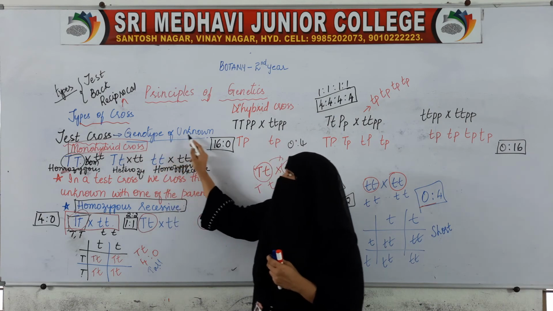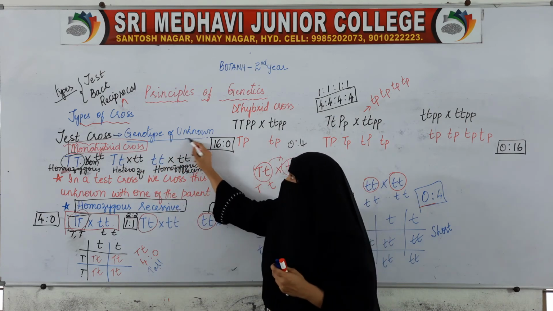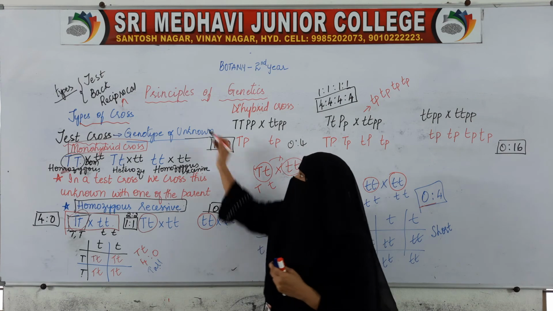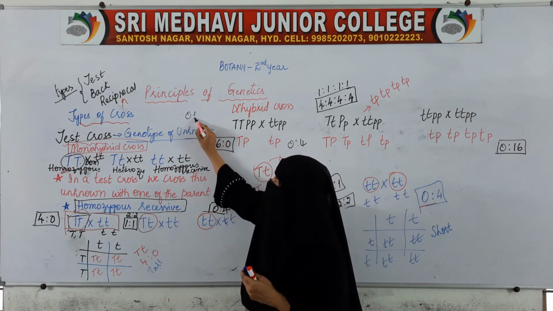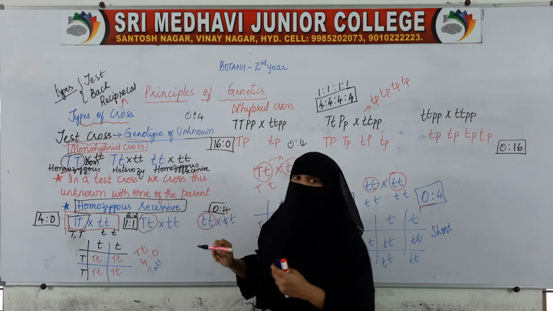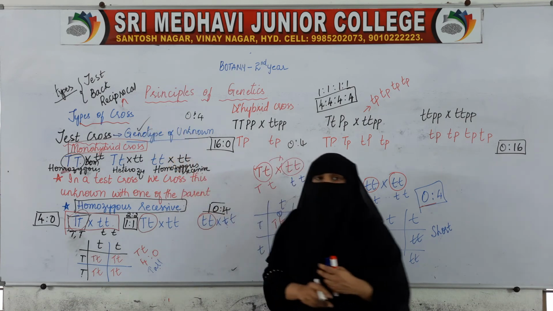Why do we do a test cross? To know the genotype of the unknown. Here we don't know the genotype, only the ratio is given. If the ratio is given as 0:4, we have to find out the genotype.